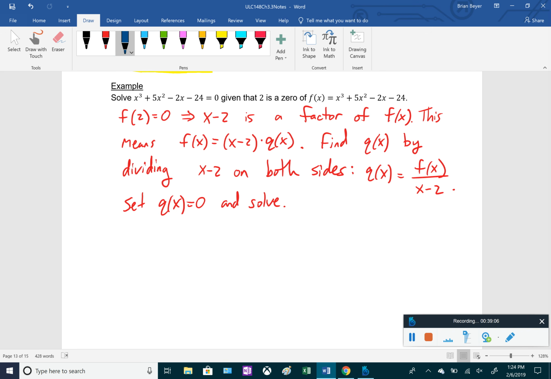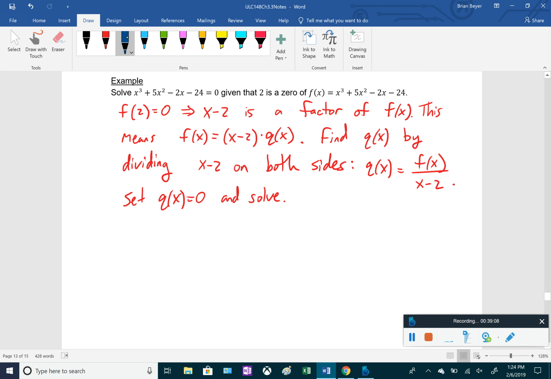So what we're trying to do in the beginning here, before we even do the problem, we're trying to find x cubed plus 5x squared minus 2x minus 24 equals 0, right? So what we're going to do is we factored it halfway. Based on the factor theorem, we know that we can factor it as x minus 2 times something else.